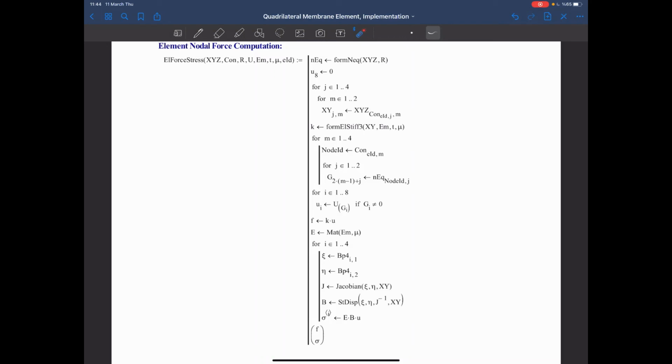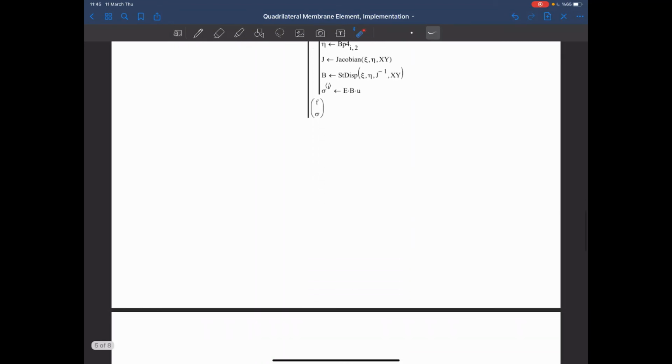Here I'm calculating stresses at every node. This BP matrix will keep the coordinates of the nodes in the natural coordinate system. I'm calculating the Jacobian again by using the inverse of the Jacobian. I'm calculating the strain displacement relationship B matrix, and for every node I'm calculating the stresses, which is equal to the constitutive relationship multiplied with the strain, and that will give me the output as the nodal forces and the stresses.